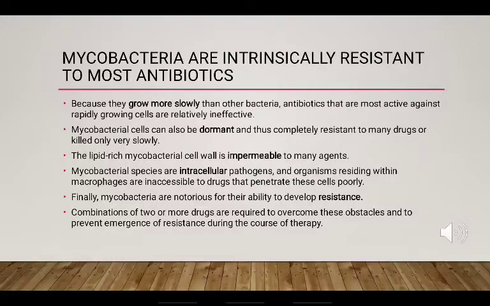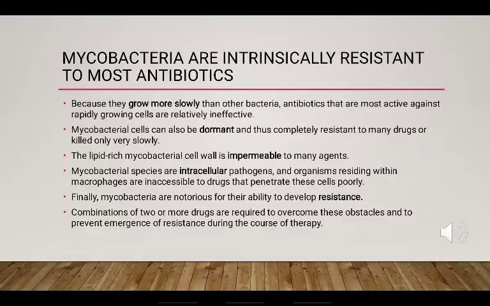Plus mycobacteria by itself, they can develop resistance. يعني you treat them with this antibiotic, and after a while they have their own mechanism. They have their own mechanism of developing resistance against the available antibiotics. That's why never ever think of treating tuberculosis with single agent.